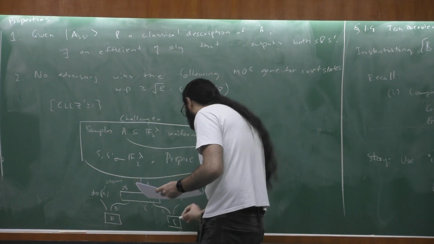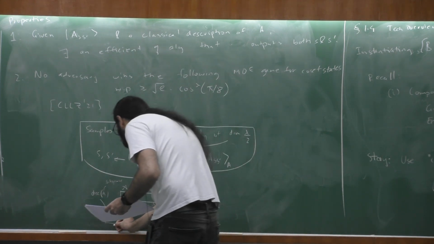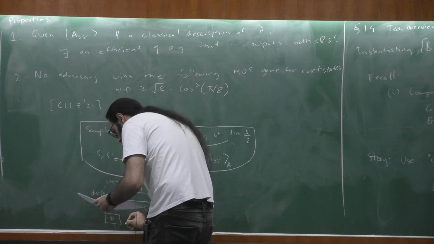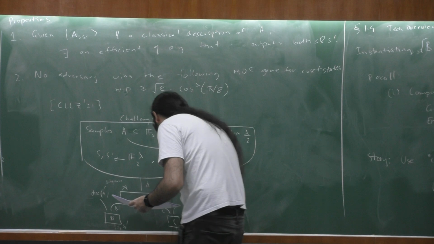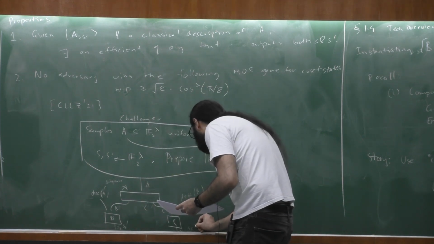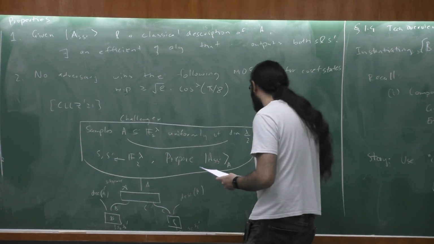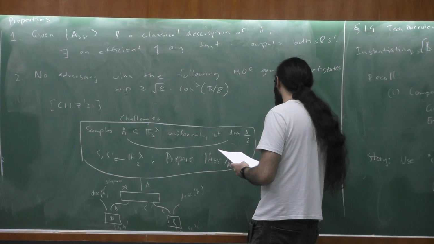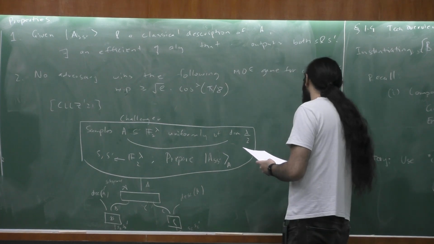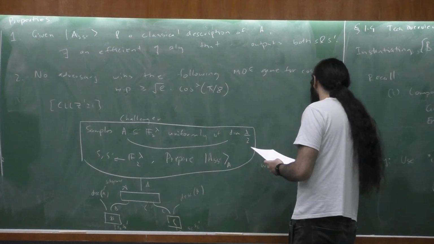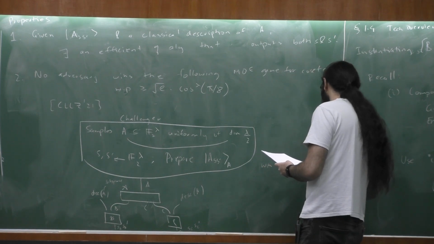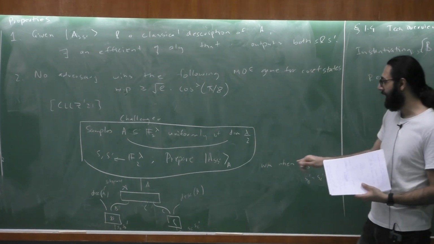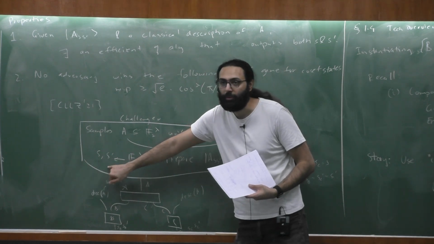Okay, and they have to output S_B, S_B prime, and S_C, S_C prime. Okay, and you win when S_B equals S_C equals S, and S_B prime equals S_C prime equals S prime. So basically they have to guess these two vectors S and S prime.